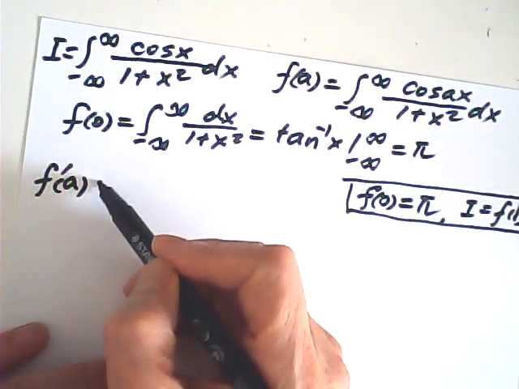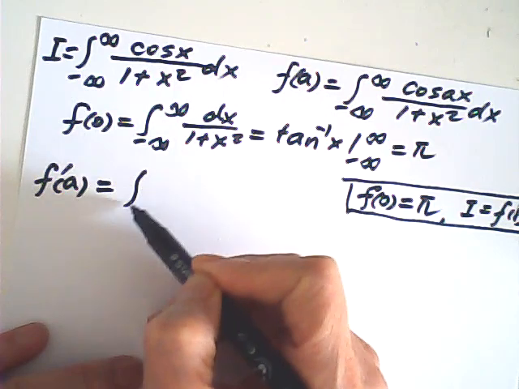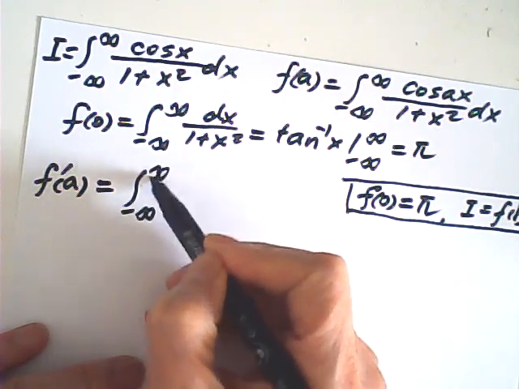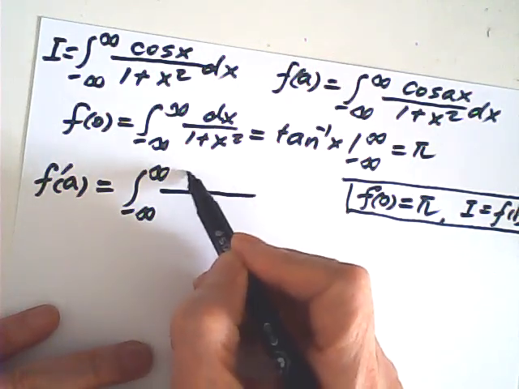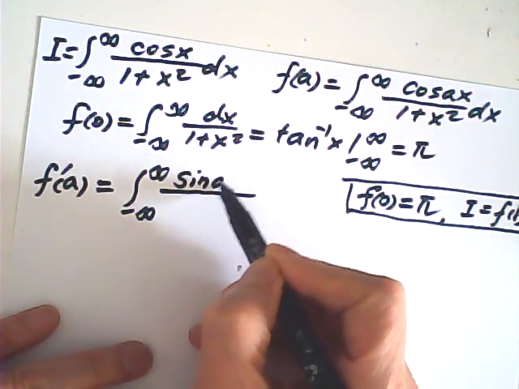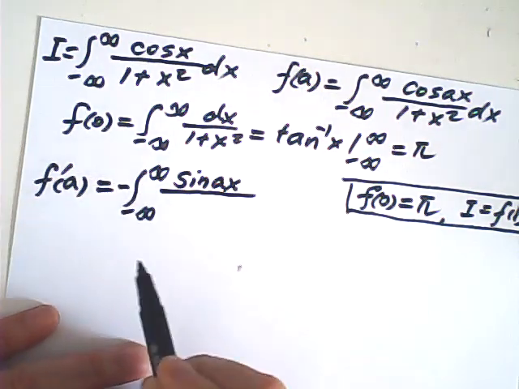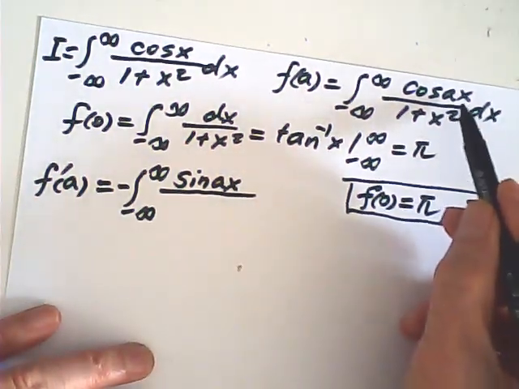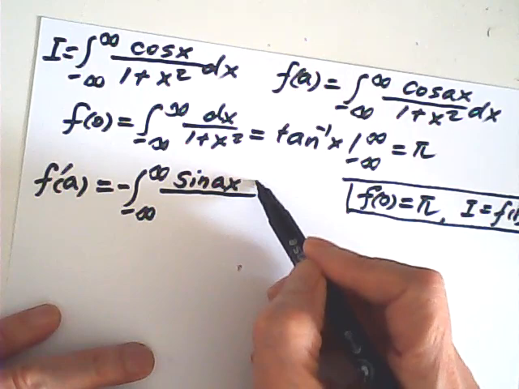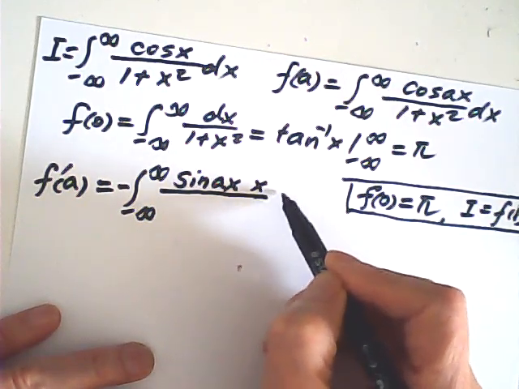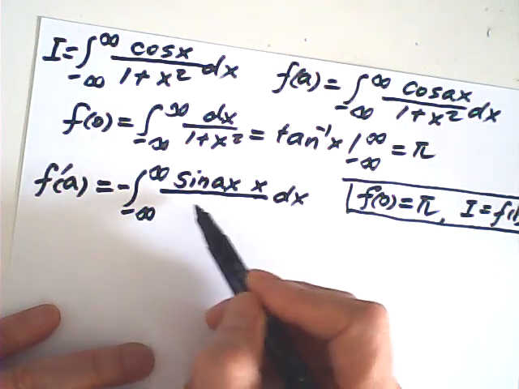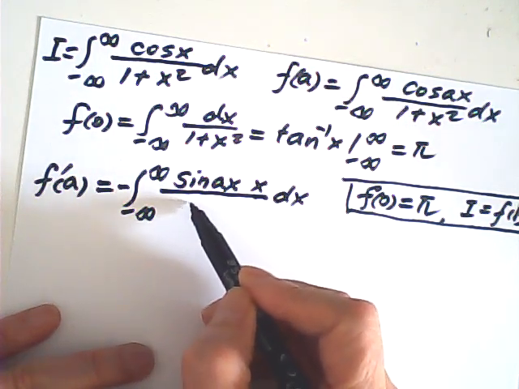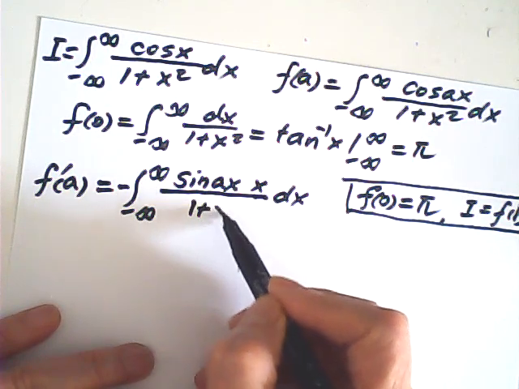So I take the partial derivative with respect to a. That would be negative sine ax, right? Times x, since x is a constant, times x again, dx, over 1 plus x squared.